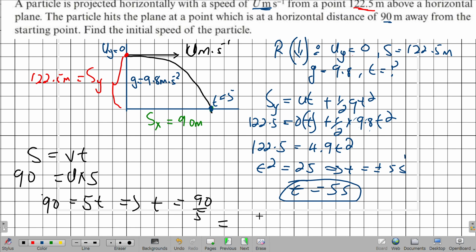If I punch that into my calculator, I'll get u is 18 meters per second.